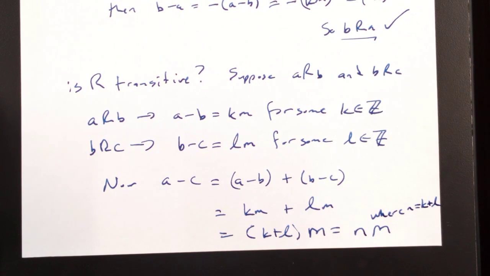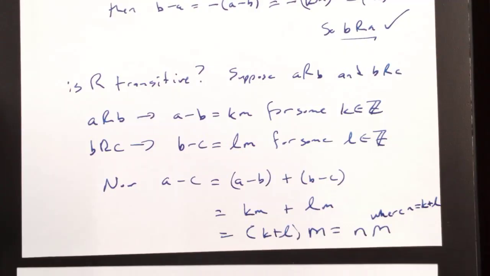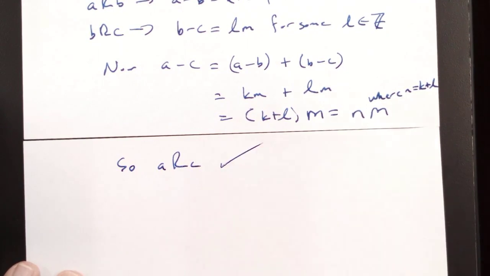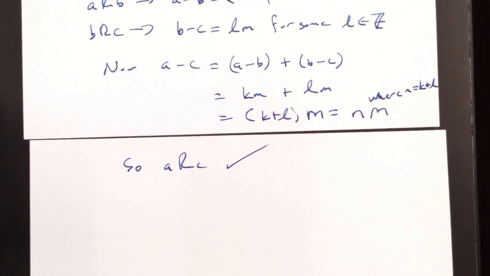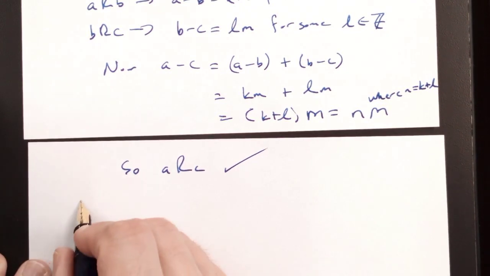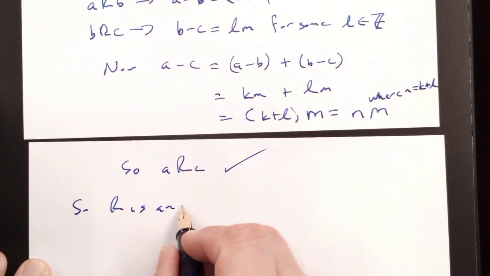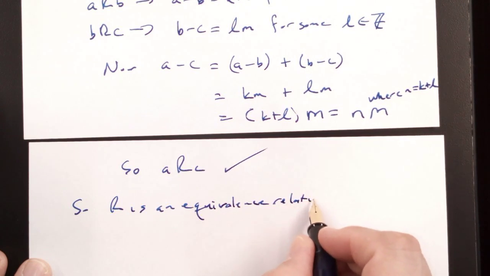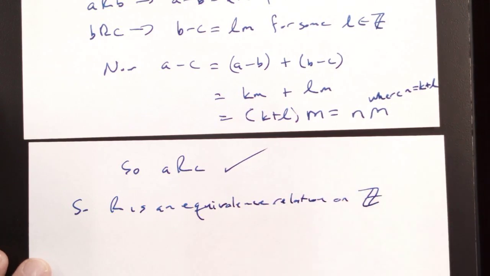So as a conclusion, I now know A is related to C. It's reflexive, it's symmetric, it's transitive, it's an equivalence relation on our set. Our set happens to be the set of integers, so I just write on the set of integers rather than on the set A.